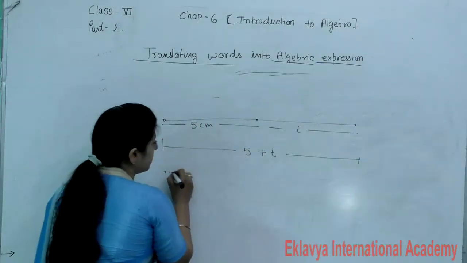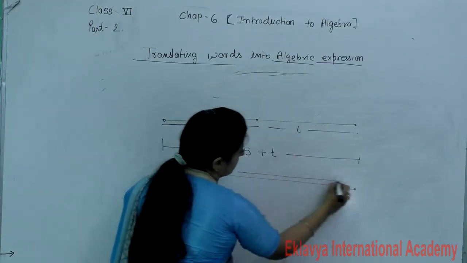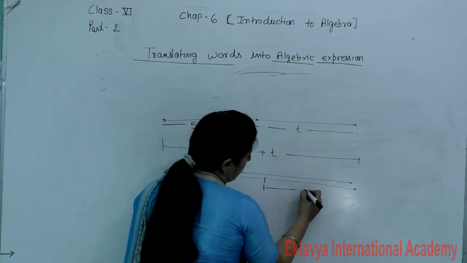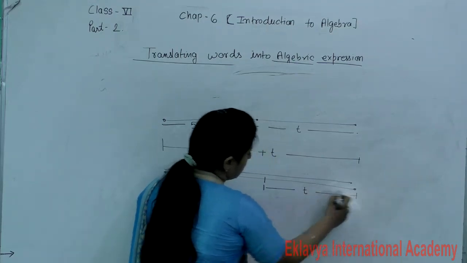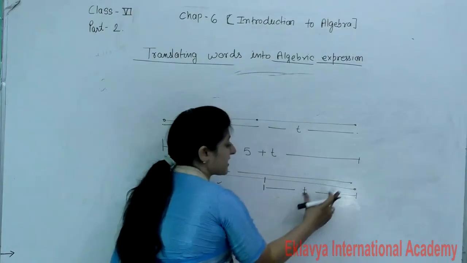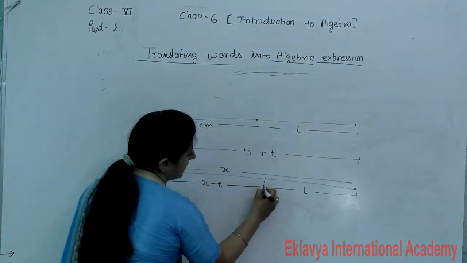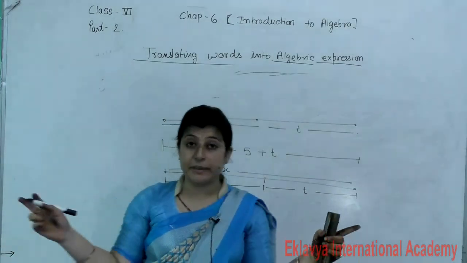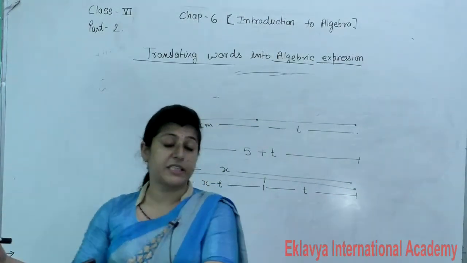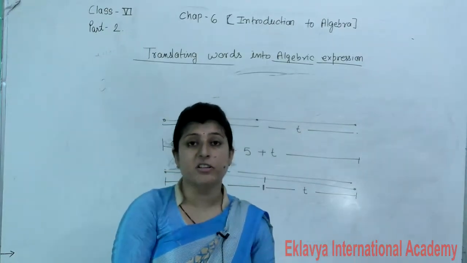If it is given that this complete length is x and this one part length is t, then what is the length of this part? Total x, this one t, then obviously this becomes x minus t. If you have a pipe or ribbon of 10 centimeters, and 5 centimeters is one part, how long will the next part be? Obviously 10 minus 5 is equal to 5.